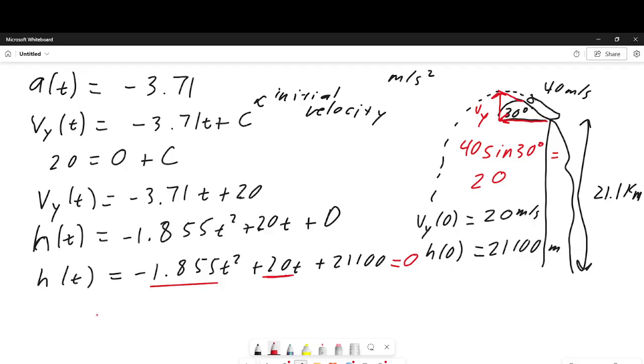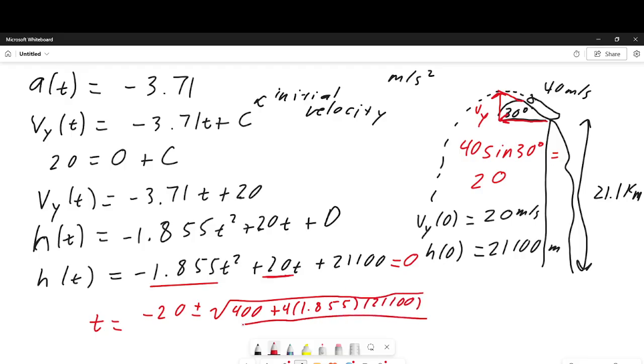So t would equal negative b plus or minus the square root of b squared, which is 400, minus 4ac. So it'll be plus 4 times positive 1.855 times 21100, all divided by 2a, which was negative 3.71.